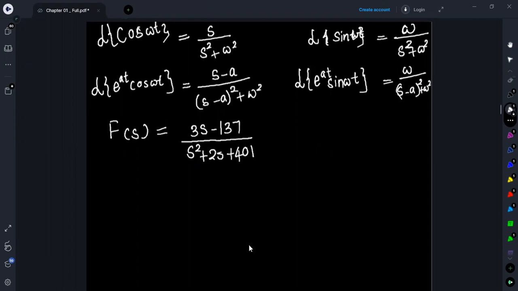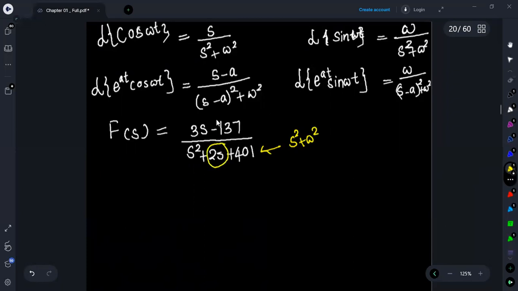In the numerator there is a linear function, and in the denominator we have s squared plus 2s plus 401. By just looking at this expression, we cannot see a pattern like s squared plus omega squared, because there is an additional 2s term.